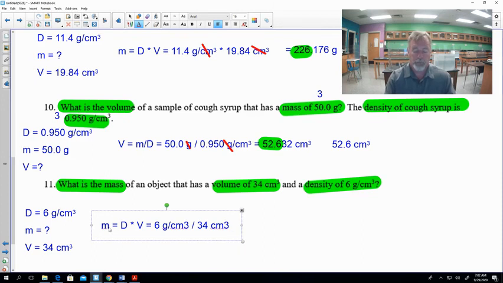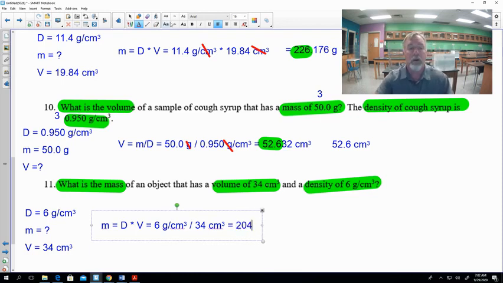Let's make our exponents here so I don't get confused that those are actually part of our numbers. All right, let's punch that into our calculator. It's going to tell you 204.